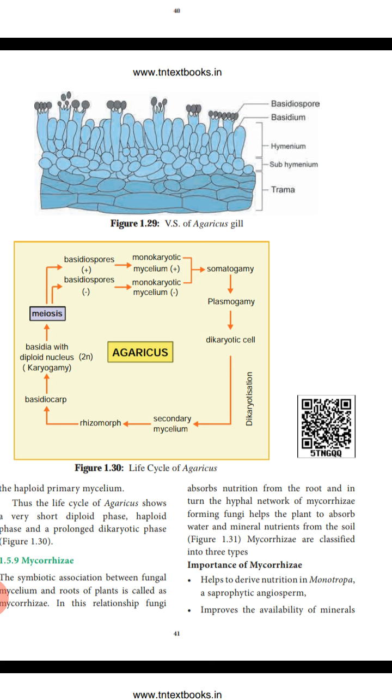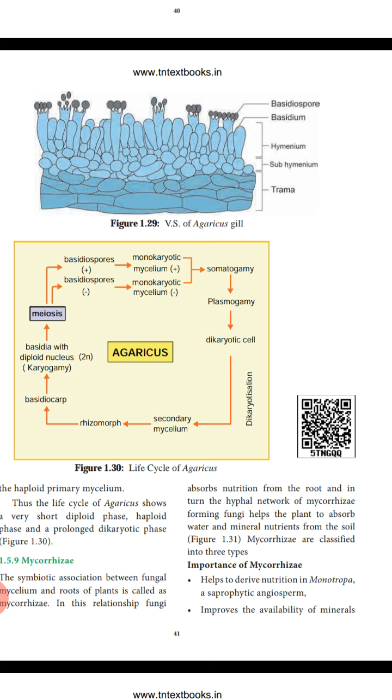So from plasmogamy starts the dikaryotic phase. The dikaryotic cell will give rise to the secondary mycelium, and the secondary mycelium will form the rhizomorph. The rhizomorph will give rise to the basidiocarp. Till here, till the rhizomorph, we have the dikaryotic condition.